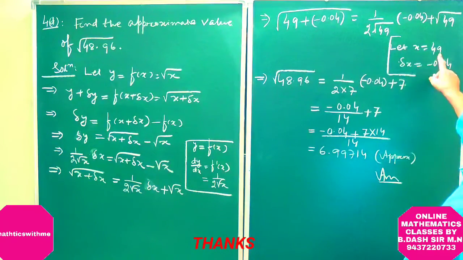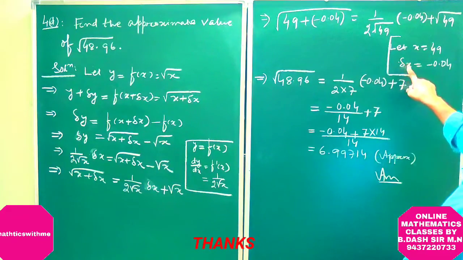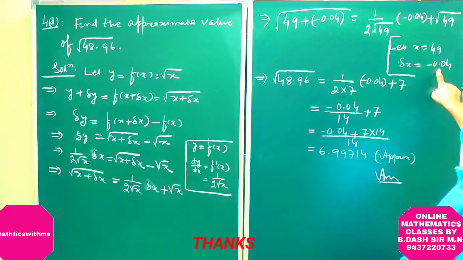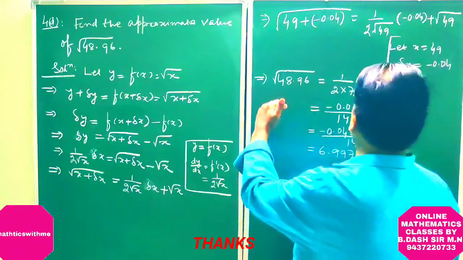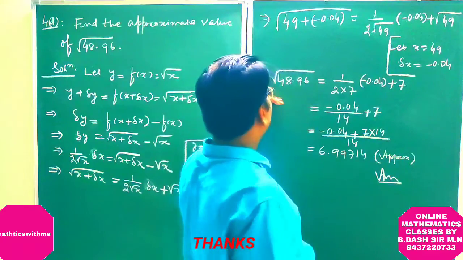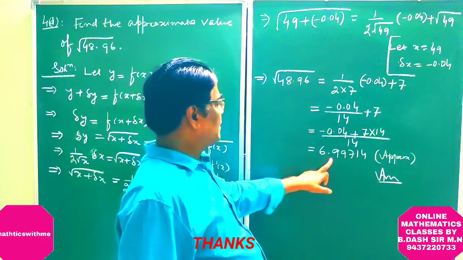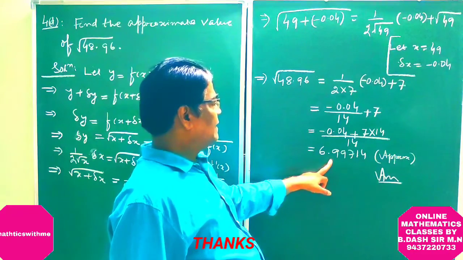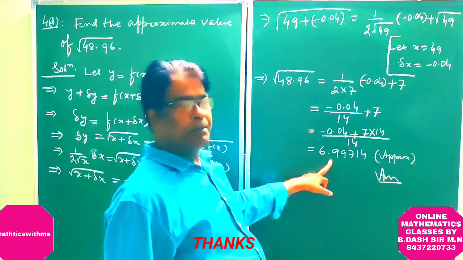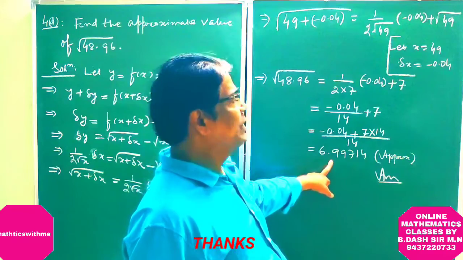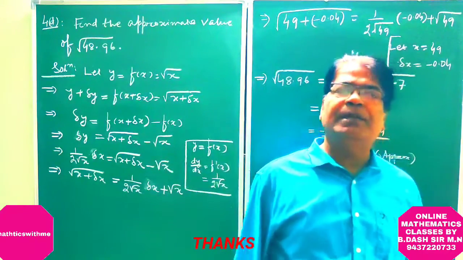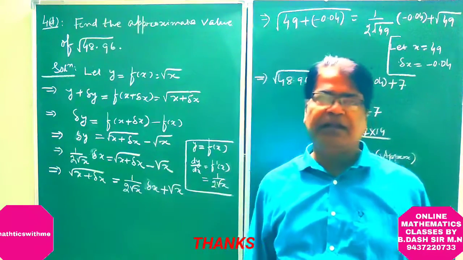Now taking x is equal to 49 and delta x is equal to minus 0.04, putting the values and after simplification we get √48.96 is 6.99714 approximately. Answer. With this, the topic for today's class is completed.